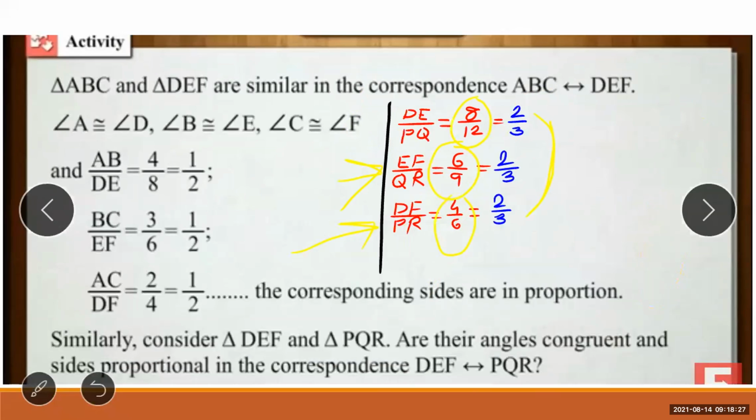That means triangle DEF and triangle PQR are similar. Their corresponding sides are in proportion for those two triangles also. Understood? If the similarity is given, you write the angles congruent to each other, and you write the side proportionality ratio.